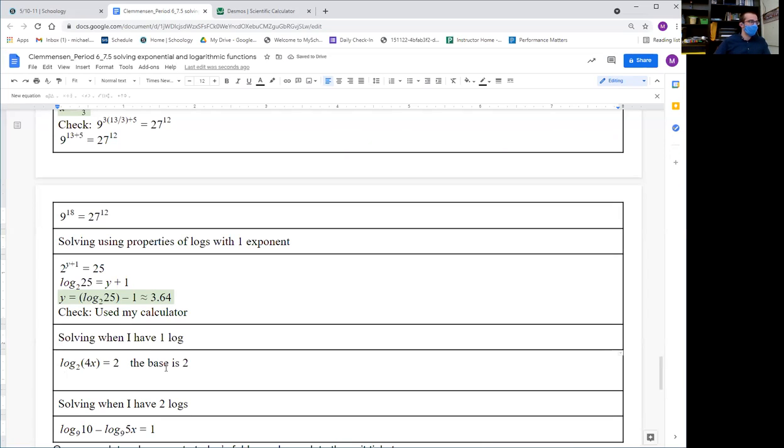So what I can do right here is I can write it as 2 to the exponent of log base 2 of 4x, equals the same thing over here, 2 to the power of 2. So do that whole thing raised into the same power like this.